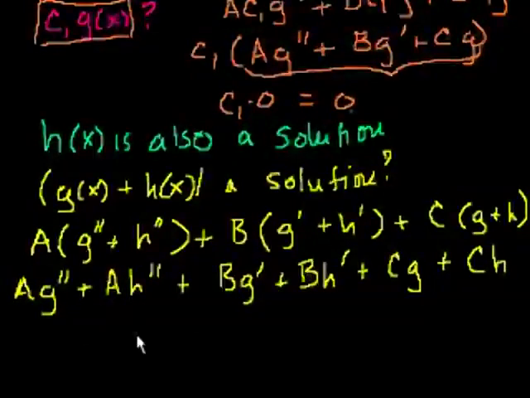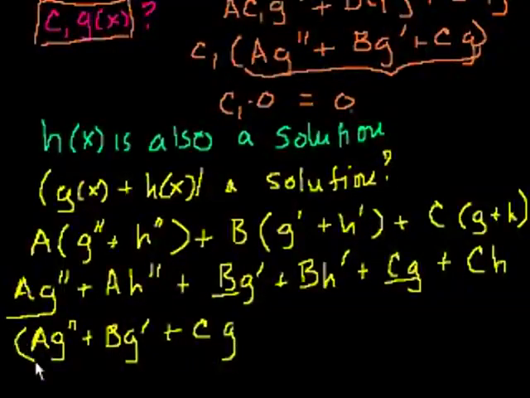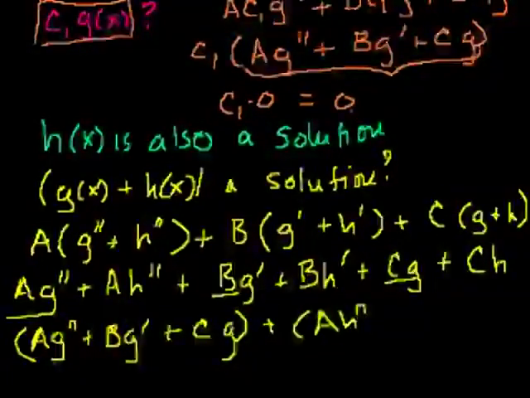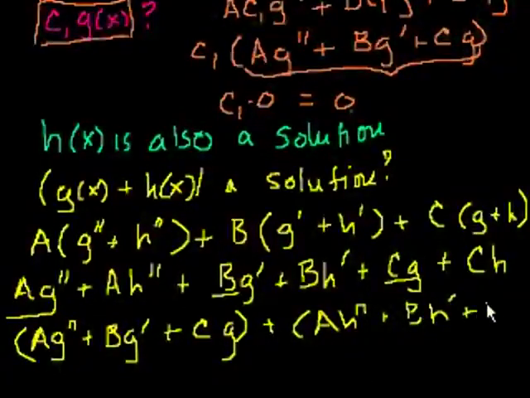And now we can rearrange them. Let's take all the g terms. A times the second derivative of g plus b times the first derivative plus c times g. That's these three terms, plus a times the second derivative of h plus b times first derivative plus c times h.